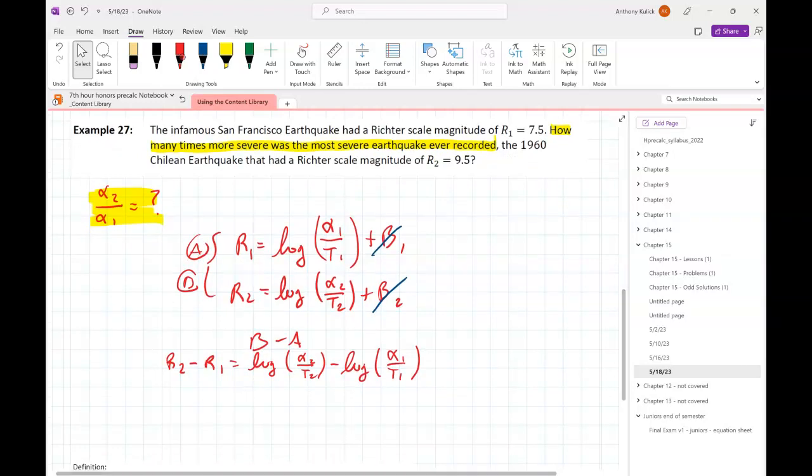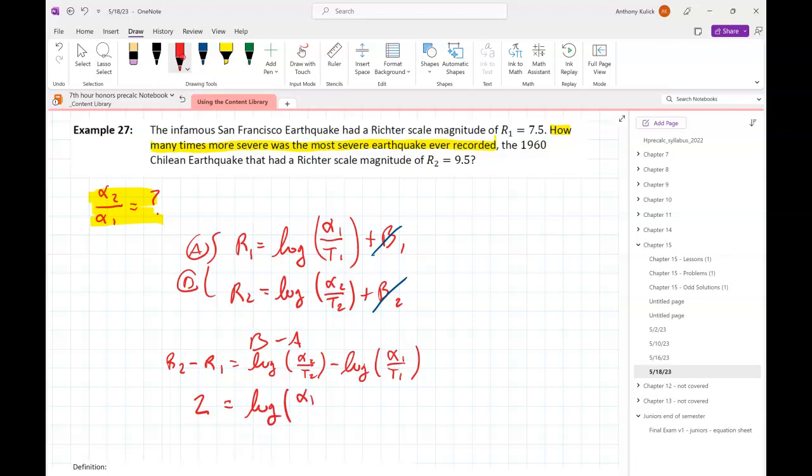Now, R2 is 9.5 and R1 is 7.5, so that's just going to be 2. And if I look above, I notice what I have is a difference of two logarithms, right? So I can apply the quotient property for logarithms.